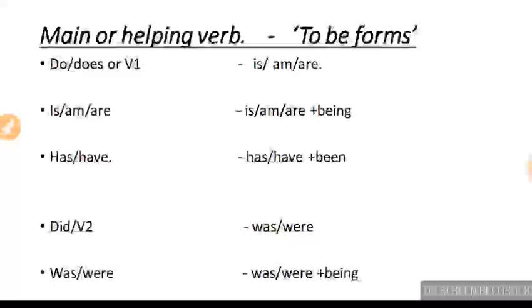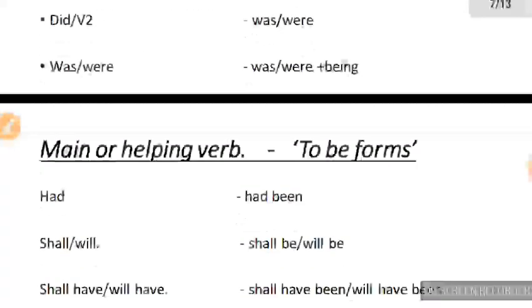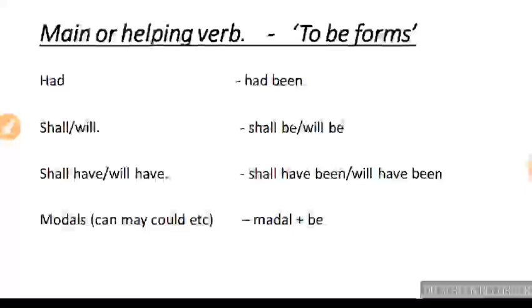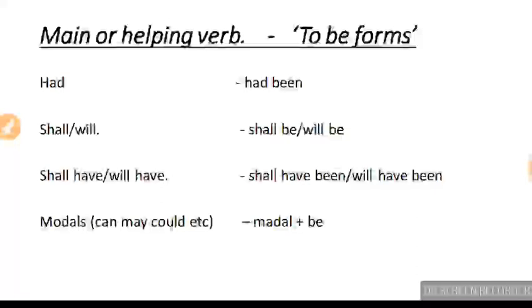If there is did or the second form of verb, the to be form will be was or were. If there is was or were in the active sentence, the to be form will be was, were plus been. If there is had, it will be changed into had been.